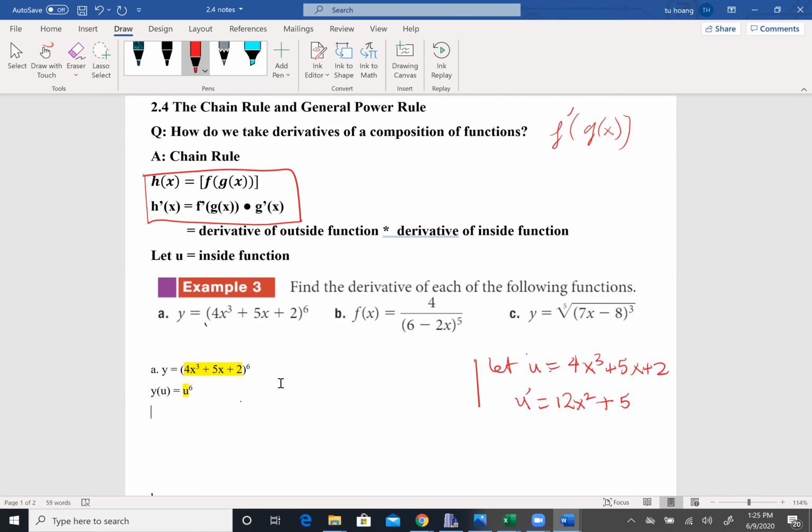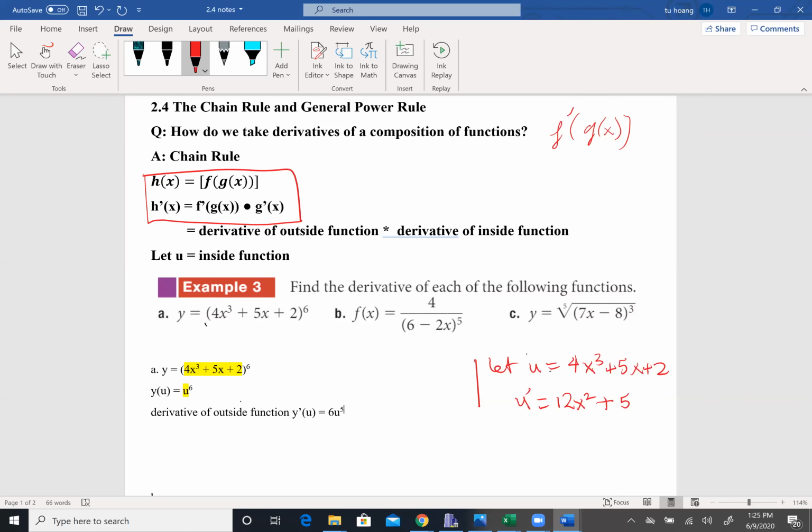So I will have the derivative of y with respect to u, which is the derivative of the outside function. It's going to put down 6 and multiply by u to the power 5, because 6 minus 1 equals 5. That is the derivative of the outside function.